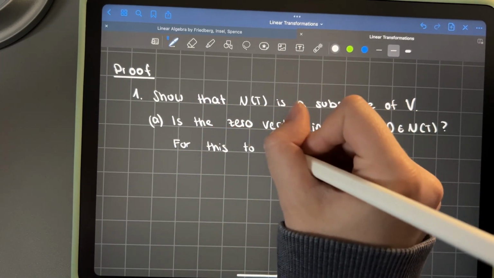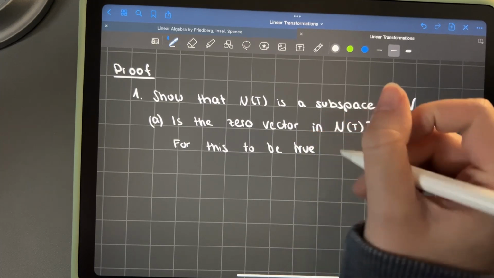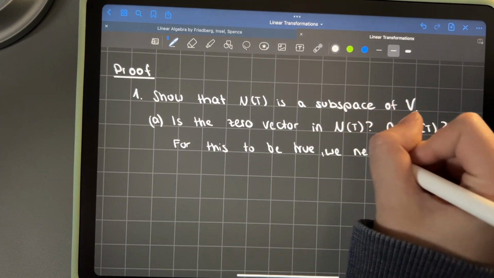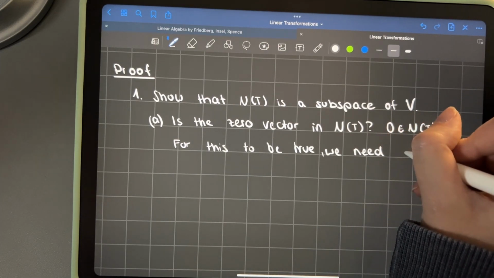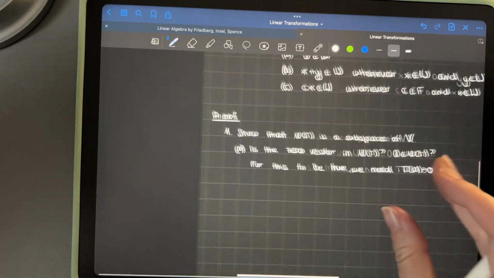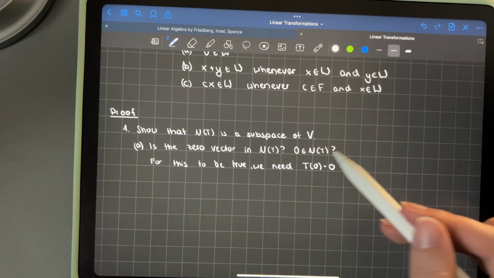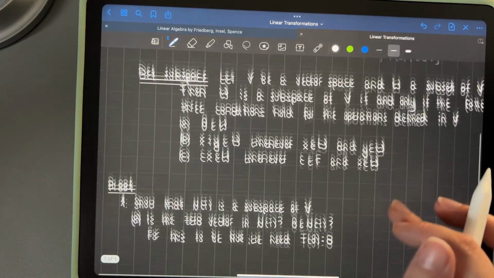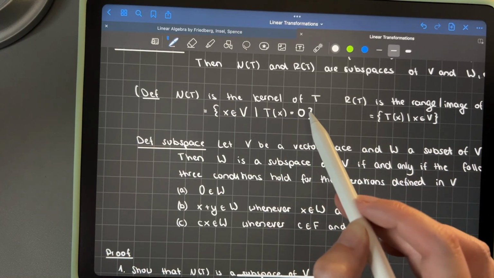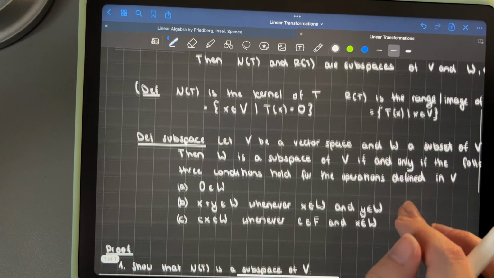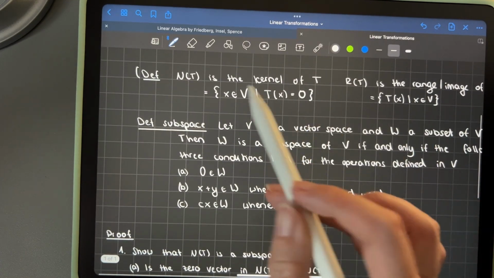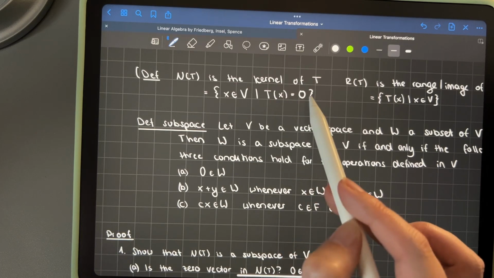For this to be true, we need T of 0 to be 0, because everything in N of T maps to 0.